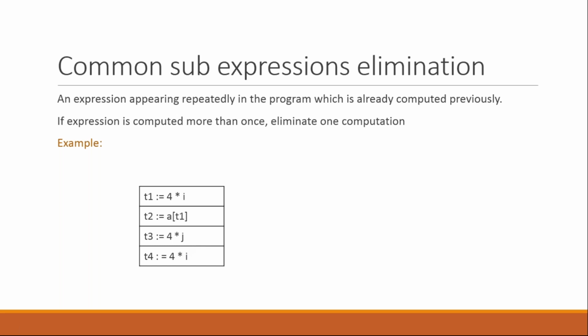So if I remove T4 equals 4 into I from the given code, there is no issue for the program. The optimized code does not affect our output or input.